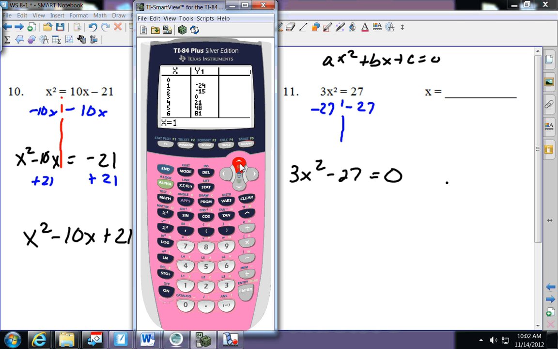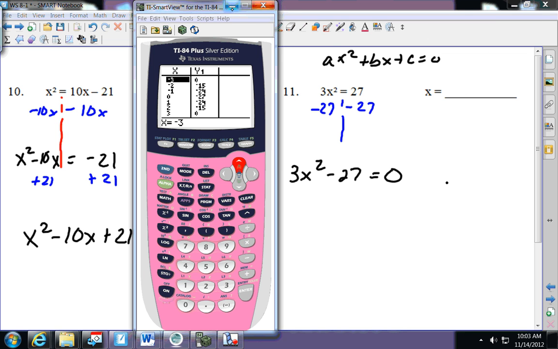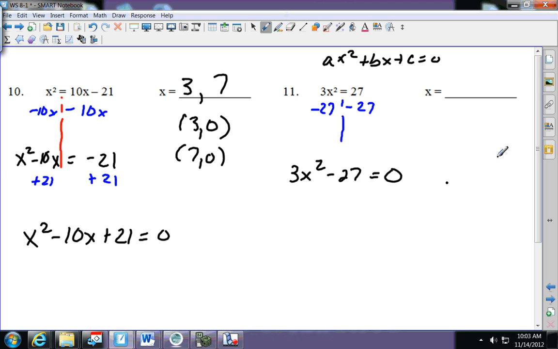Let's see. Is that where it's crossing? Oh, there it is. -3, 0, and 3, 0. So those would be my solutions. It'd be -3 and +3, which is the same as saying -3, 0 and +3, 0.